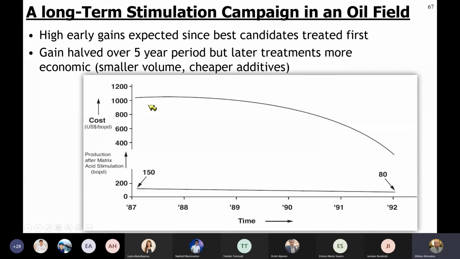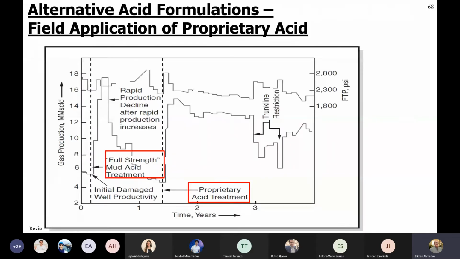Here, application of alternative acid formulations with the proprietary acids. Proprietary acids are the compositions or formulations that a laboratory or company personnel work on and create their own composition, maybe based on the major compositions, or they do their own composition, and it's called proprietary.